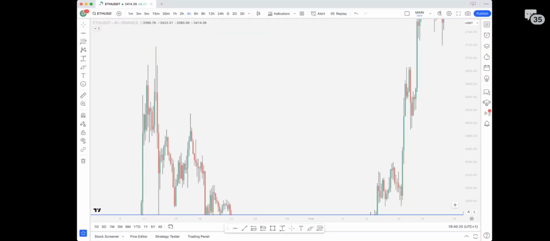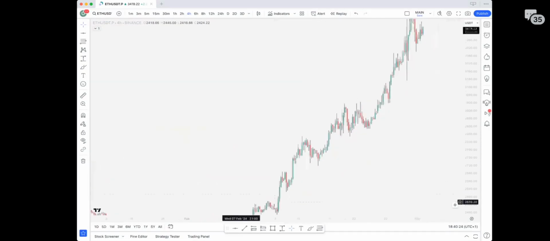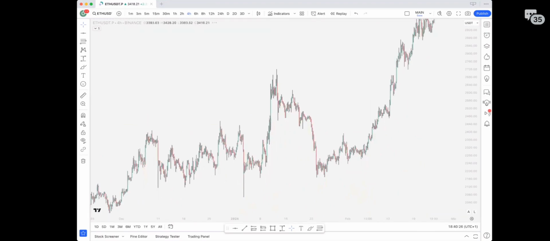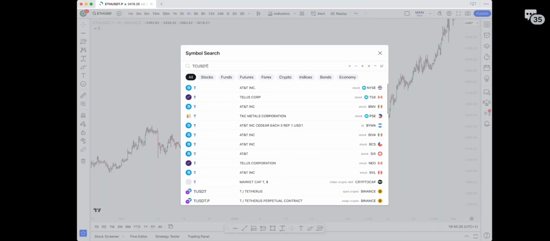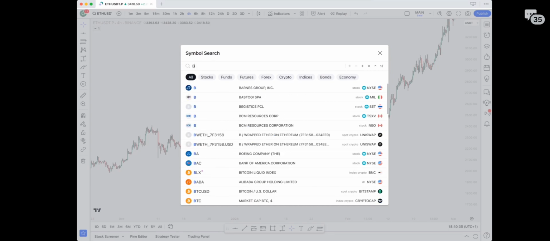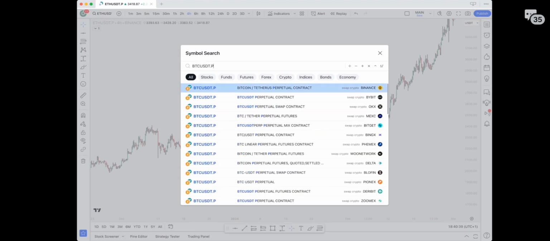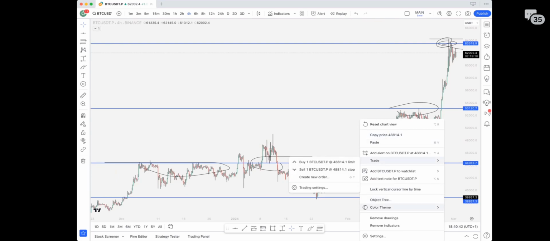Let's see which ETH we were on. Okay, I lost it. Nice. Let's go back to just Bitcoin. But this is for when you have the chart for the past, not for the future. That's not true. I'll show you this. Let's just choose this one and just reset everything.